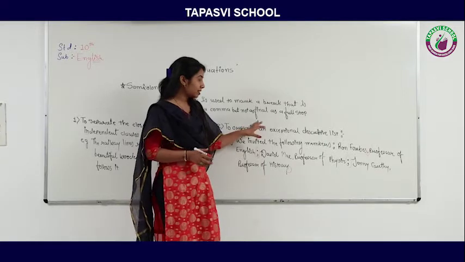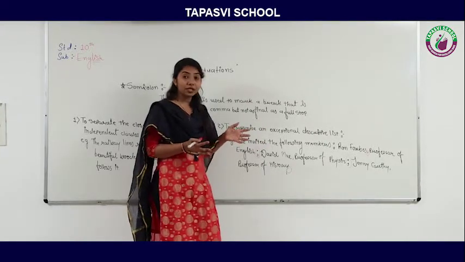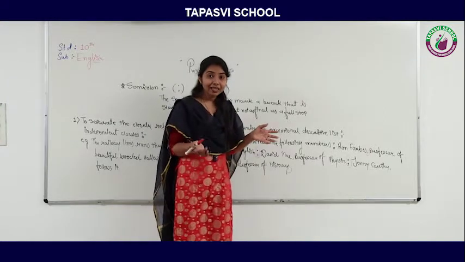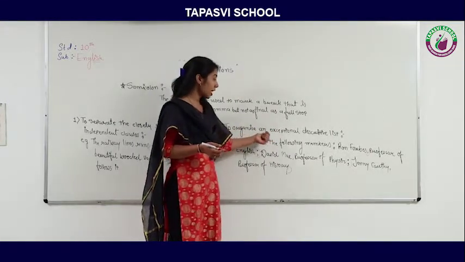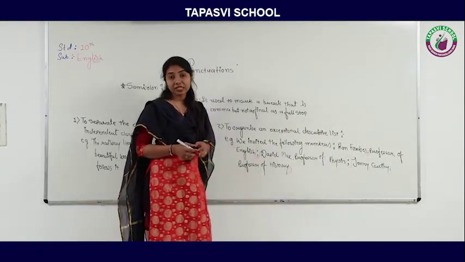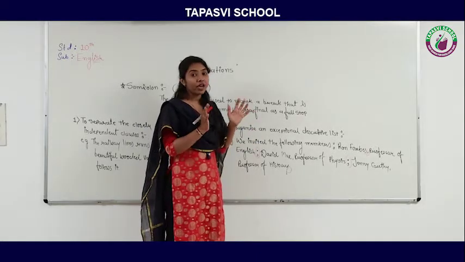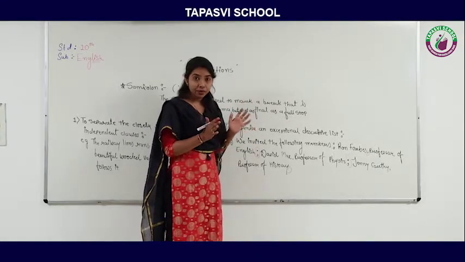So let's revise this point again. You will feel that this example is so long, but in this usage we have been given the exceptional descriptive list, so obviously it is going to be very lengthy.